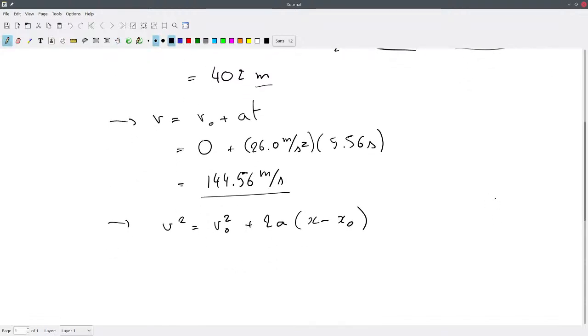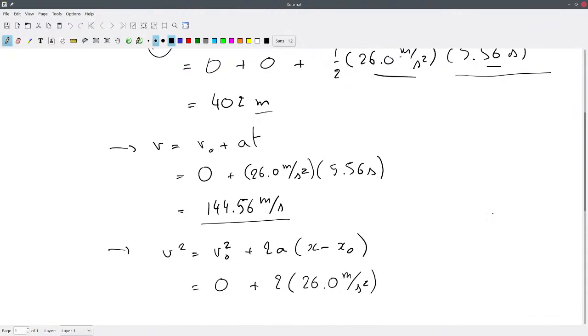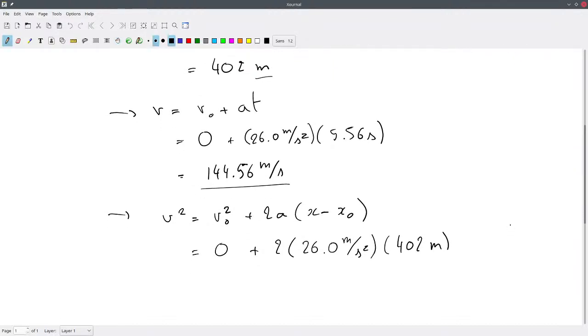So we can use this to calculate the velocity. v0 squared is 0 plus 2 times 26.0 meters per second squared. And let's say we calculated 402 meters first.